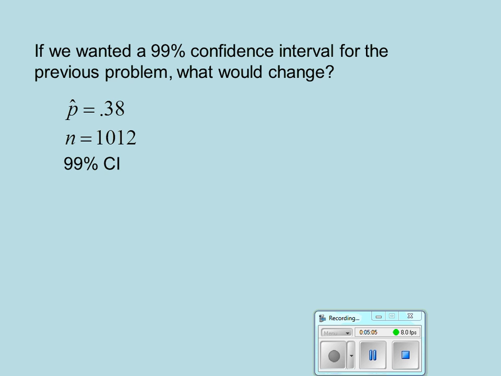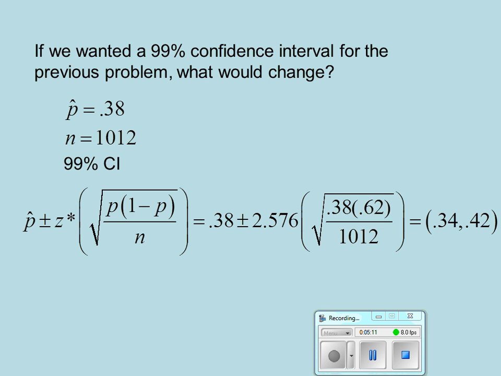So when we get to our critical value, we use the 2.576 number that corresponds with the 99% confidence interval. So again, here's our data, and our answers really don't change much.